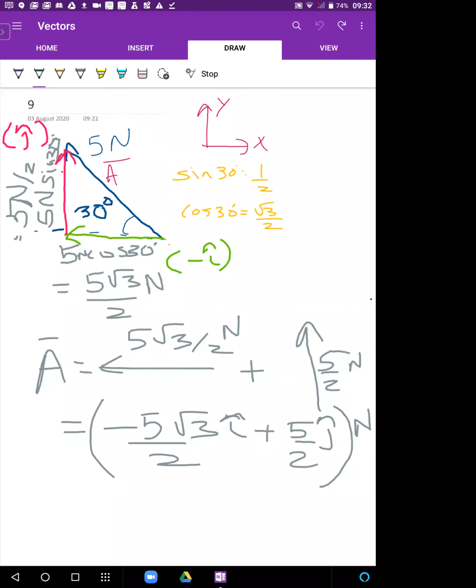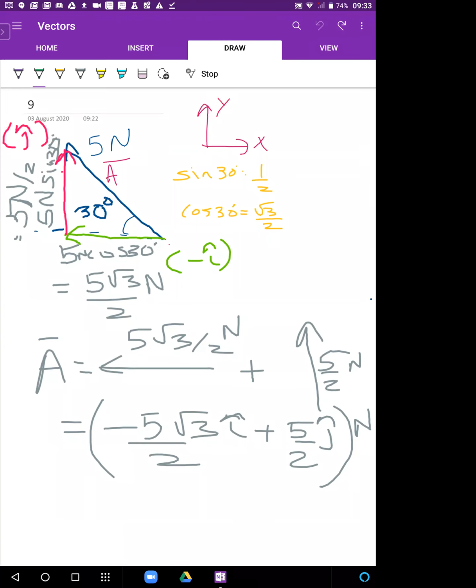What about the vertical direction? Is this vector ultimately going up or going down? Clearly it's going up. So because it's going up vertically, this is upward. And if you look at the upward direction, you'll see that's exactly positive y. So therefore, this gets the label positive j cap. Okay, so this vertical vector is 5 Newton by 2 positive j cap.